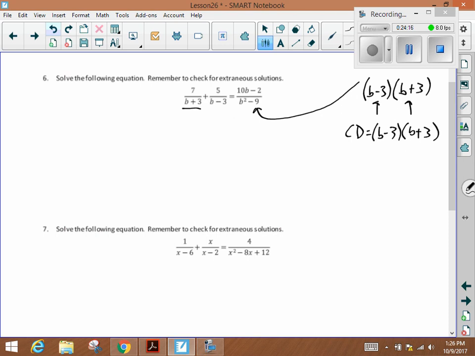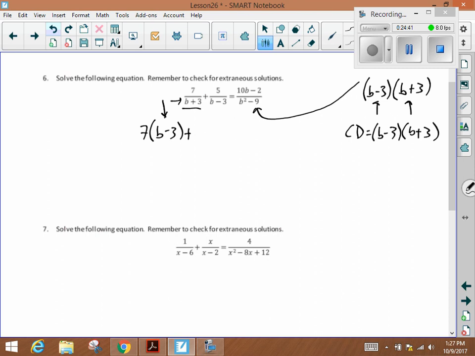So I'm actually multiplying both sides by b minus 3 times b plus 3. But every single time you do that, you're going to see that it's just going to make your denominator go away. And the term that's different, this is different from that, is the only thing that's going to be left.